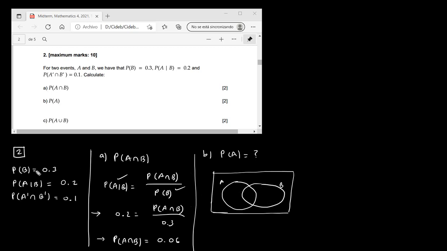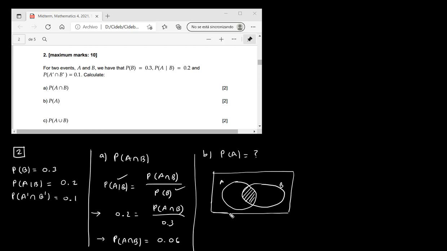Remember the areas of these shapes. Okay, for example, if you pay attention to this enclosed area, the area of this is the probability of A intersection B, which you already have.